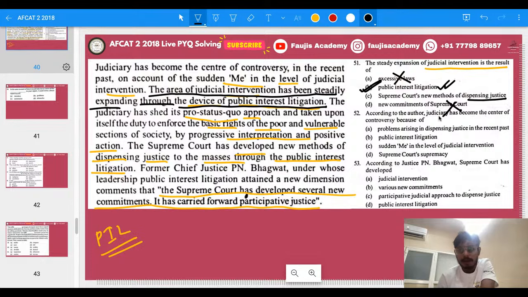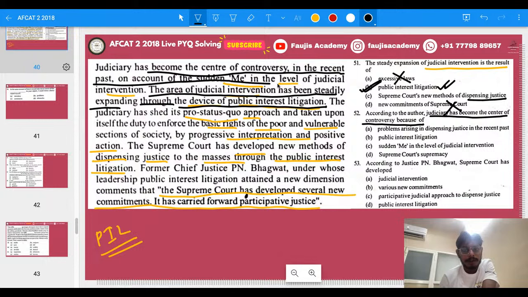According to the author, judiciary has become the center of controversy in the recent past on account of the sudden me in the level of judicial intervention. Sudden me means there is an inclusion of me as well, quote unquote me.